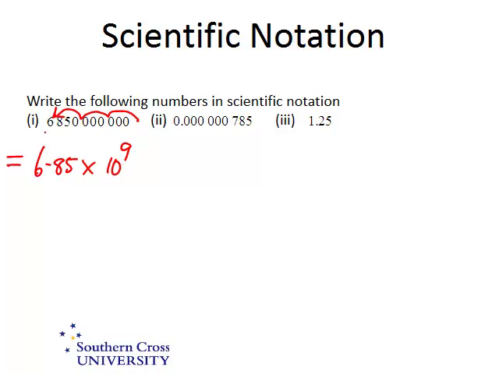Or we could think of this as being 6.85 times a billion, which is 10 to the 9. So, okay, the second one, we've now got a number that's much more than 1. So we know that the power of 10 this time is going to be negative. The decimal point simply has moved in the opposite direction.